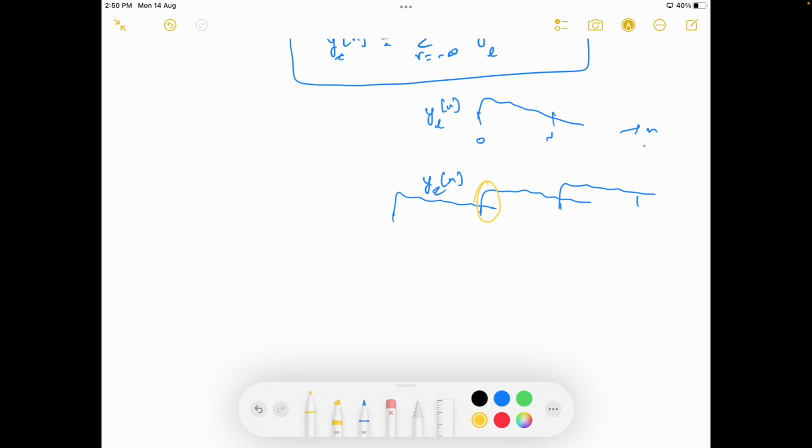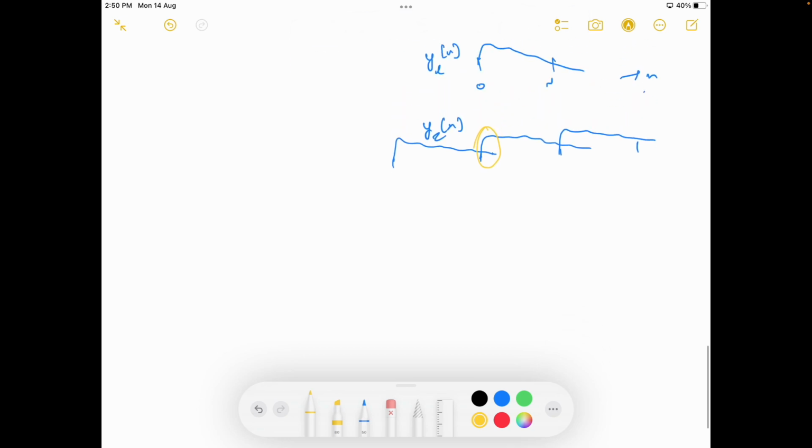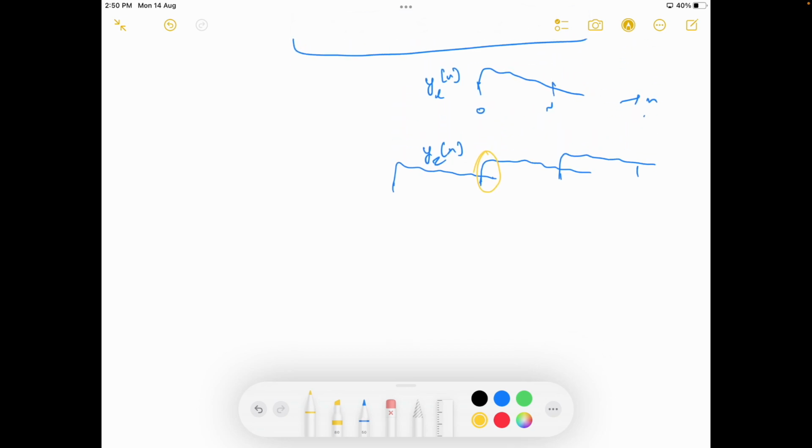In terms of capital N, I should choose it large enough so that these copies don't overlap. If I take my N here, the copies will be like this. No overlap, right? Things are very safe.